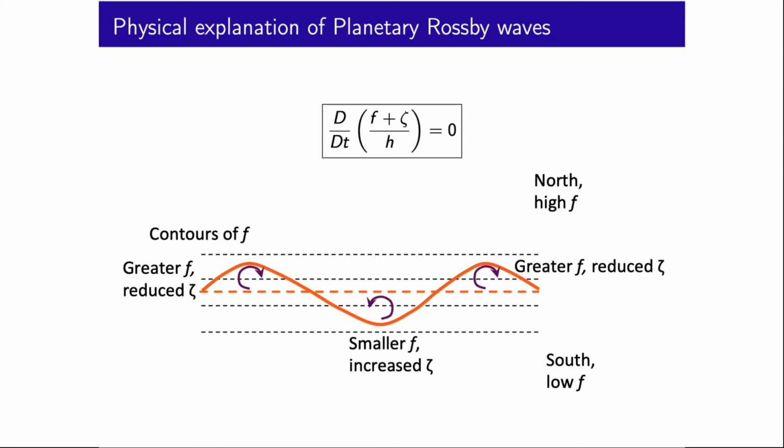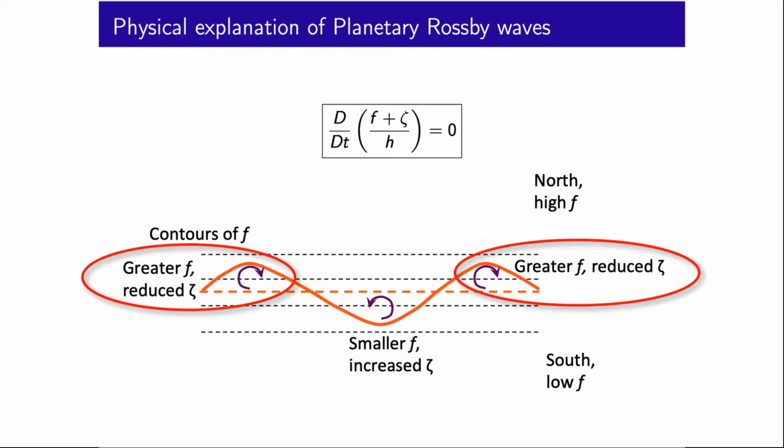In regions where the stream path has moved to higher f, the fluid on the stream path will reduce its relative vorticity so as to maintain potential vorticity. In doing so, it will be rotating clockwise relative to its surrounds.